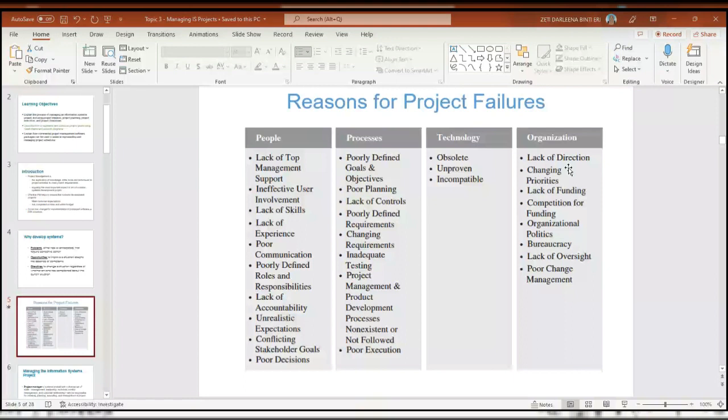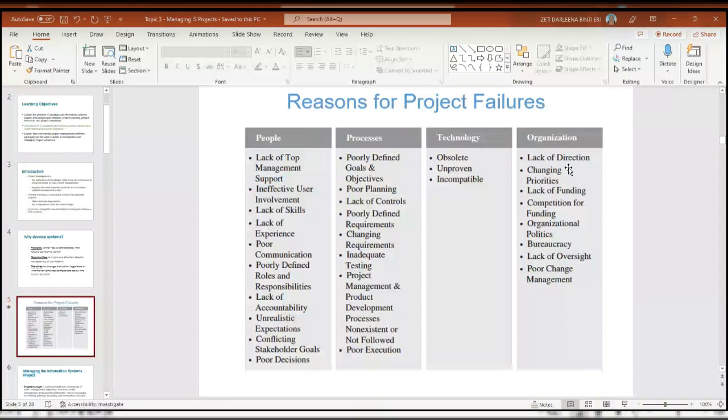Emphasization dia mungkin dia pakar dalam membina sistem yang berkaitan dengan perkapalan contohnya. Tapi lepas tu dia nak terus ambil projek yang tak berkaitan dengan perkapalan, dia pergi ambil education punya. So probably lack of context in that sense, for example.